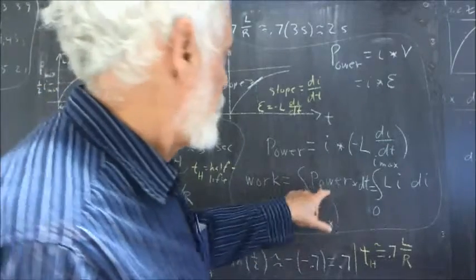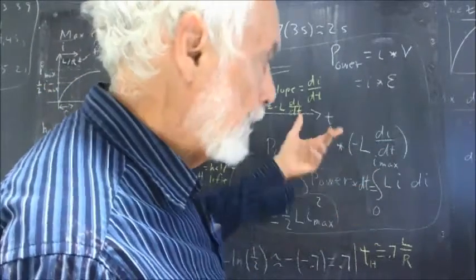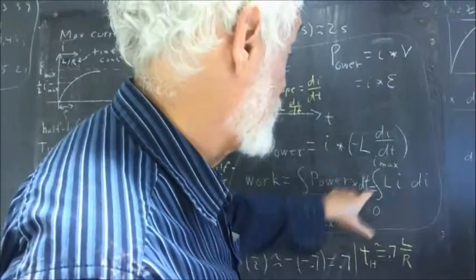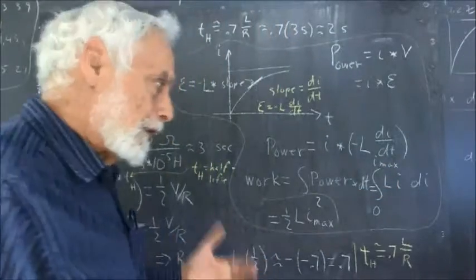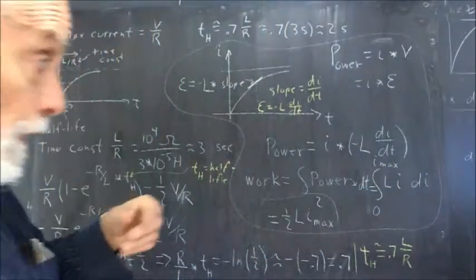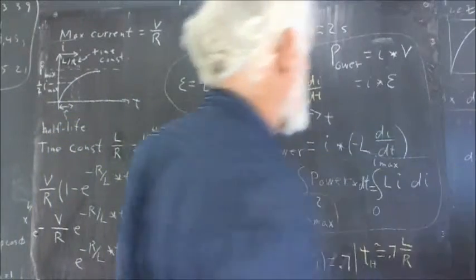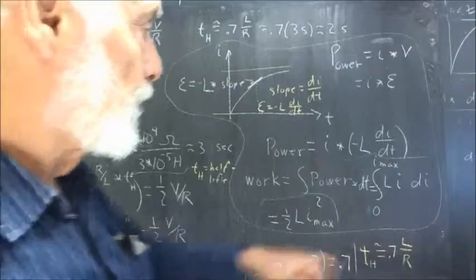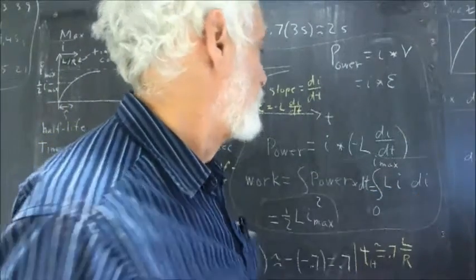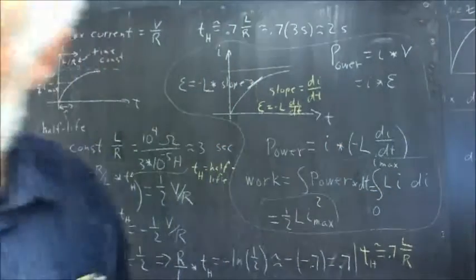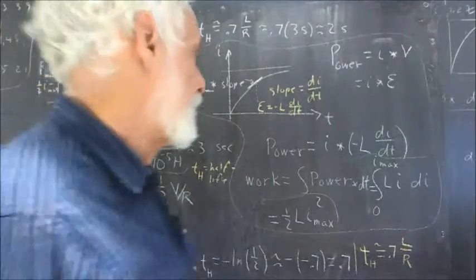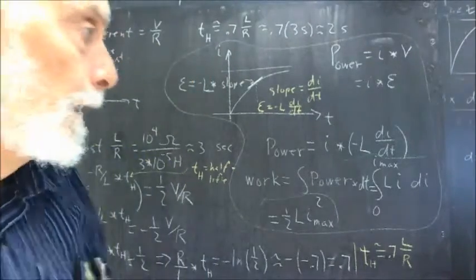So power times dt just formally is going to cancel out that dt. It's not really a cancellation, and you should think about what it really is, but that's going to leave us with Li di.